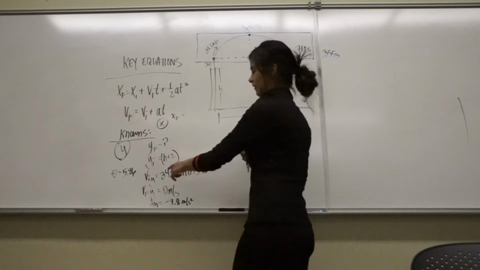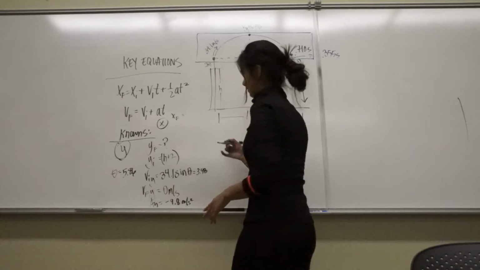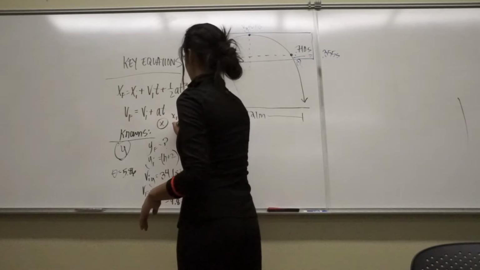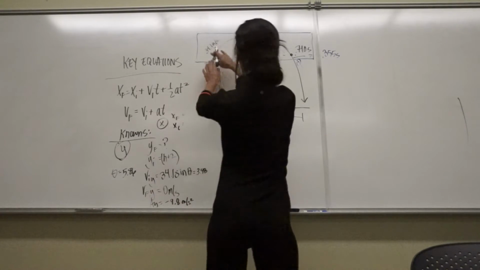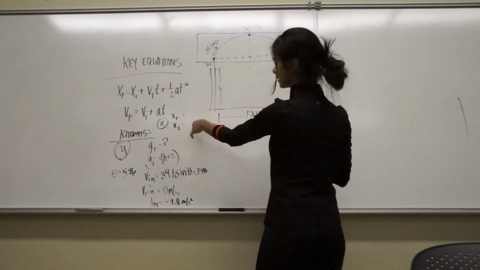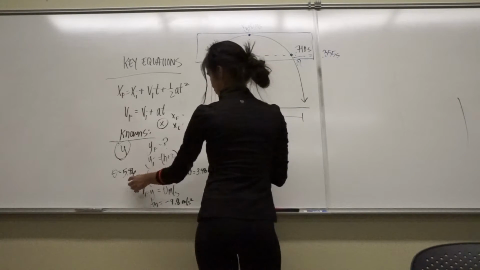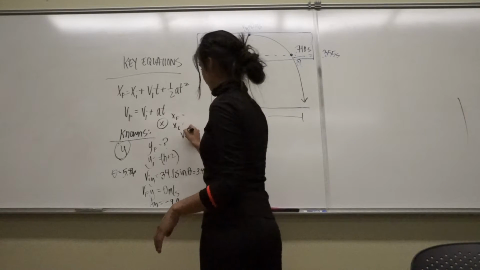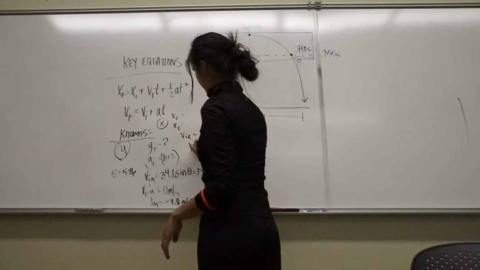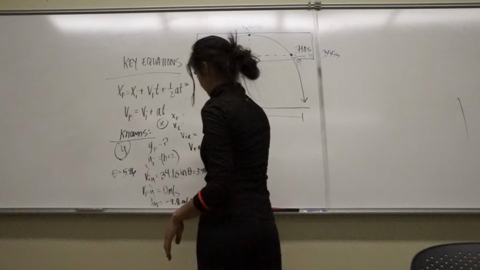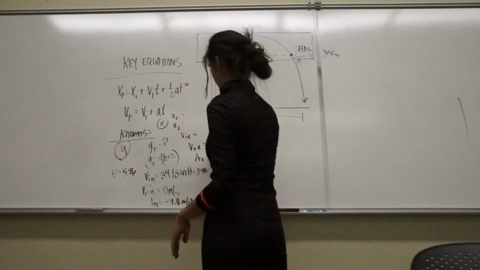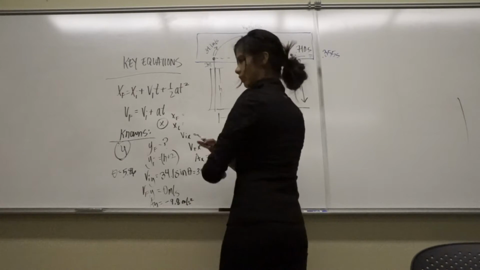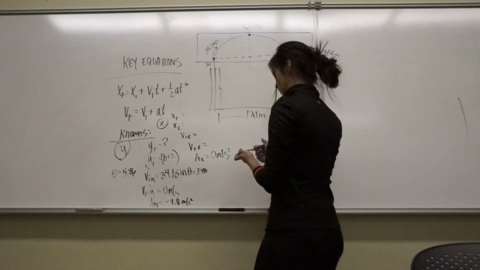Before we jump into that, let's find our VI of x, because I'm actually going to be using the entire equation now to find these. So I'm just going to do my initial x velocity. So x of I, VI of x, VF of x, and acceleration of x, which we know is 0 meters per second. Always 0 meters per second squared.